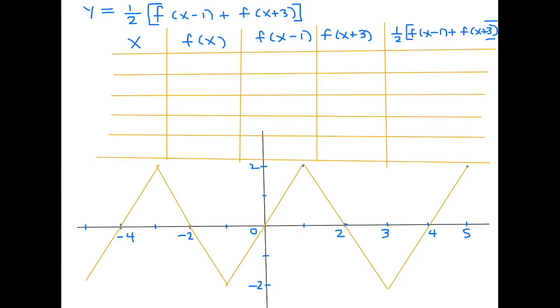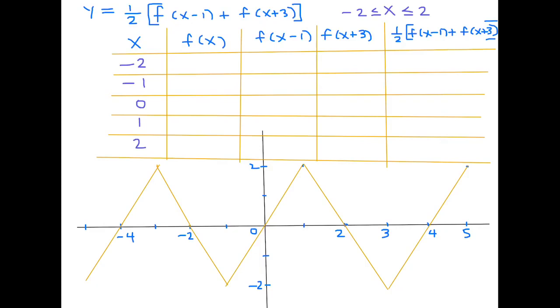They only want it from x between 2 and minus 2, so that's good. So we only need to really put in about 5 points, and that should be enough. So for x equals minus 2, minus 1, 0, 1, and 2, and that should give us enough to connect the dots. So let's just figure this out.